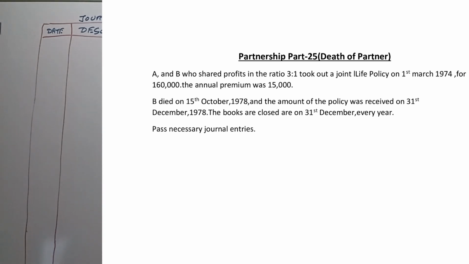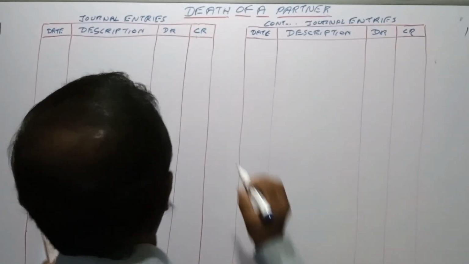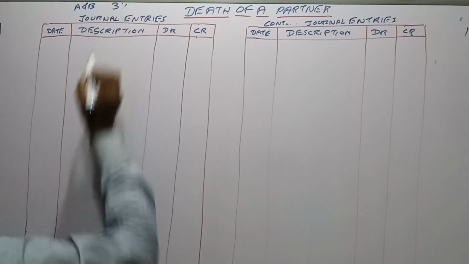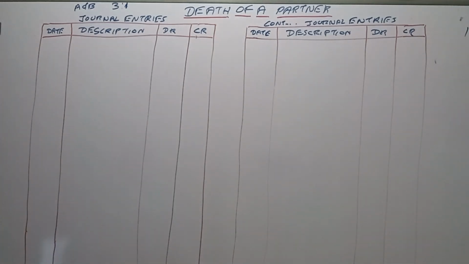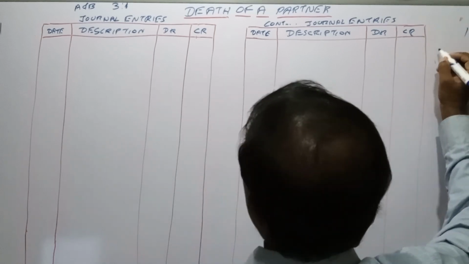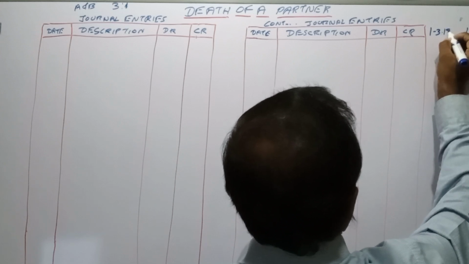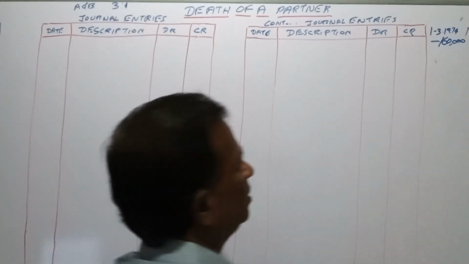They took out a joint life insurance policy on 1st March 1974 for 160,000, right?